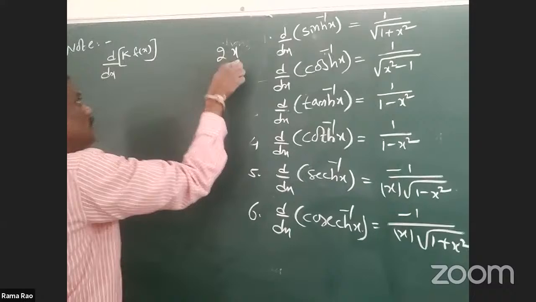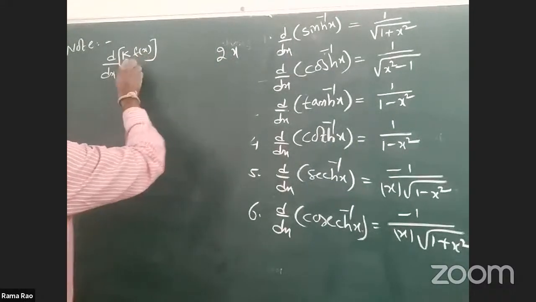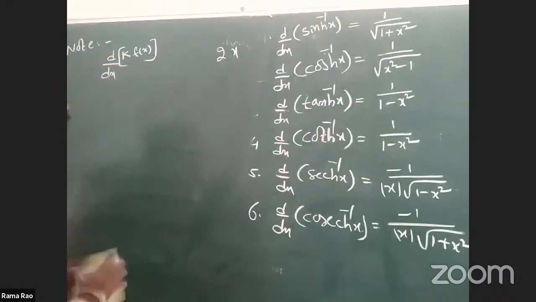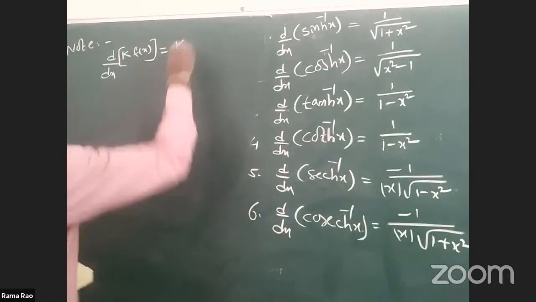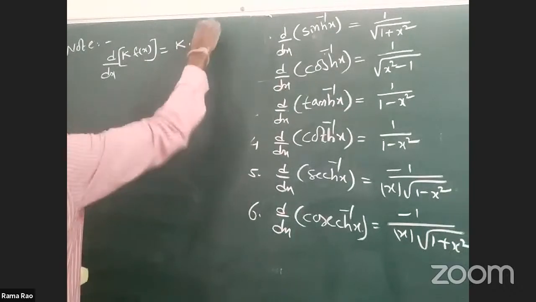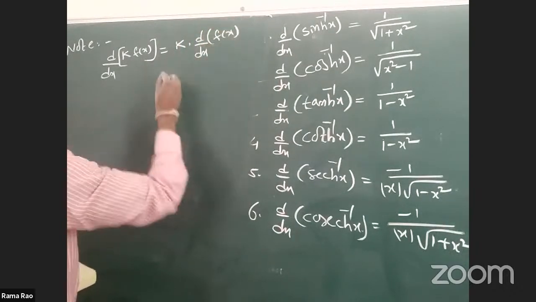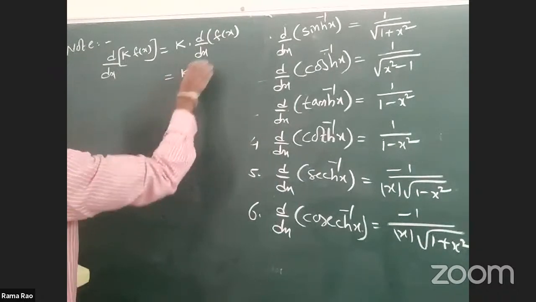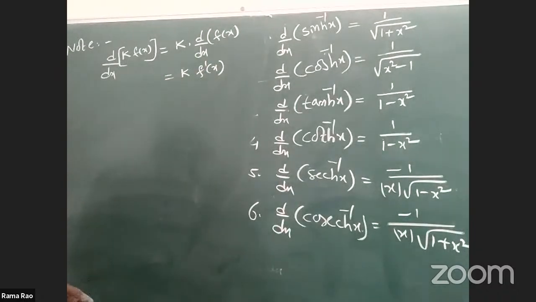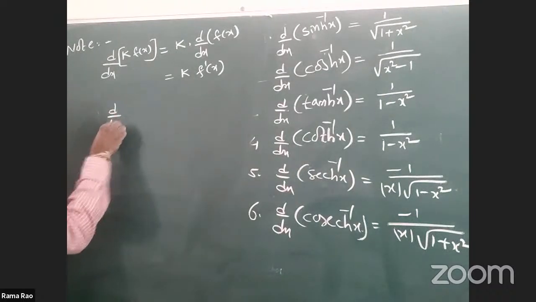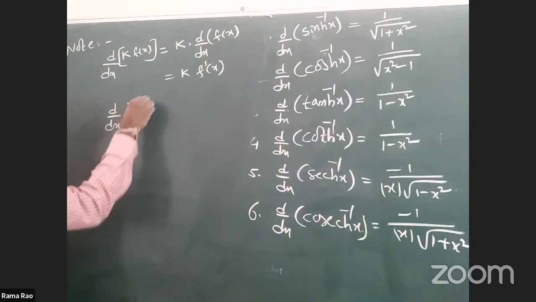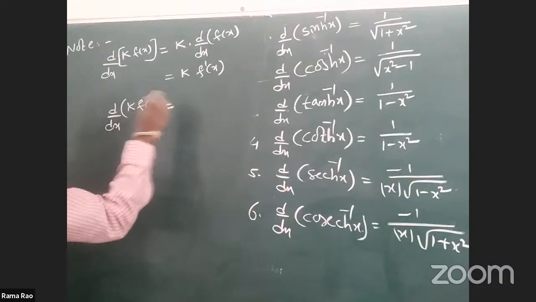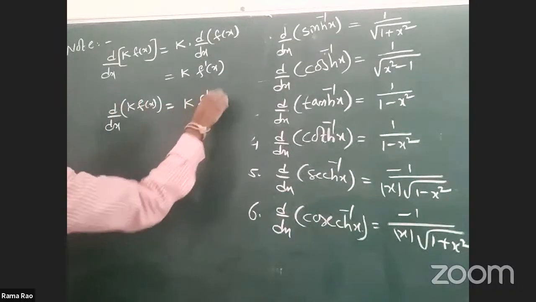In the similar manner, here k into f of x, k is called coefficient of f of x. The derivative of this function, you can write separately, k into d by dx of f of x, which is equal to k into f dash x. That's all. d by dx of k into f of x is equal to k into f dash x.